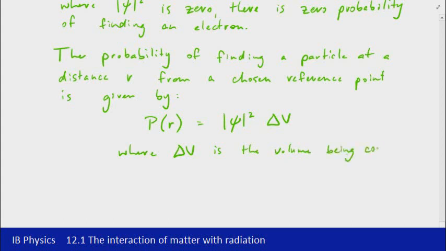Now, the main thing to be aware of here, yes, you've got this equation where you can look at probabilities, but the main thing to be aware of is that when we're dealing with wave properties of things that we typically consider to be particles, we can't exactly tell where each individual particle is going to be, so we need to refer instead to a probability.